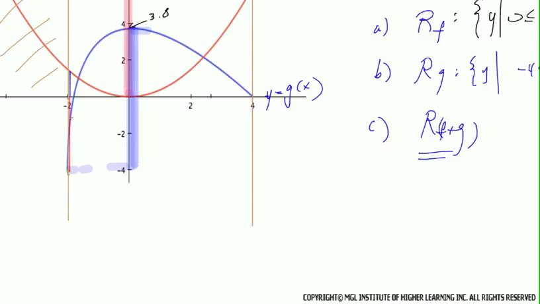If you add those two, do you see how they get chopped off about there, and the point will be about there? What I just did was add this y value here with this red y value. If you were to add those two y values, wouldn't it become something around there?